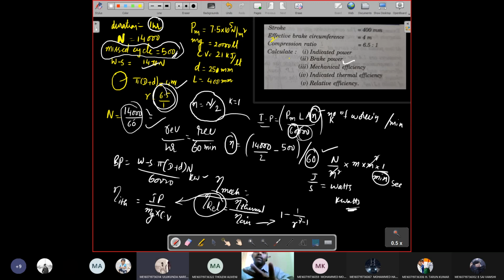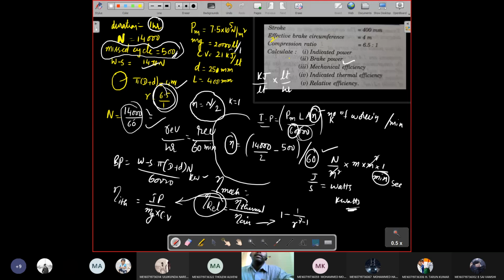So the important step here, tell me. Mass of gas value in terms of per hour, you should convert that. Because if you see, it is kilojoules per liter into liters per hour.